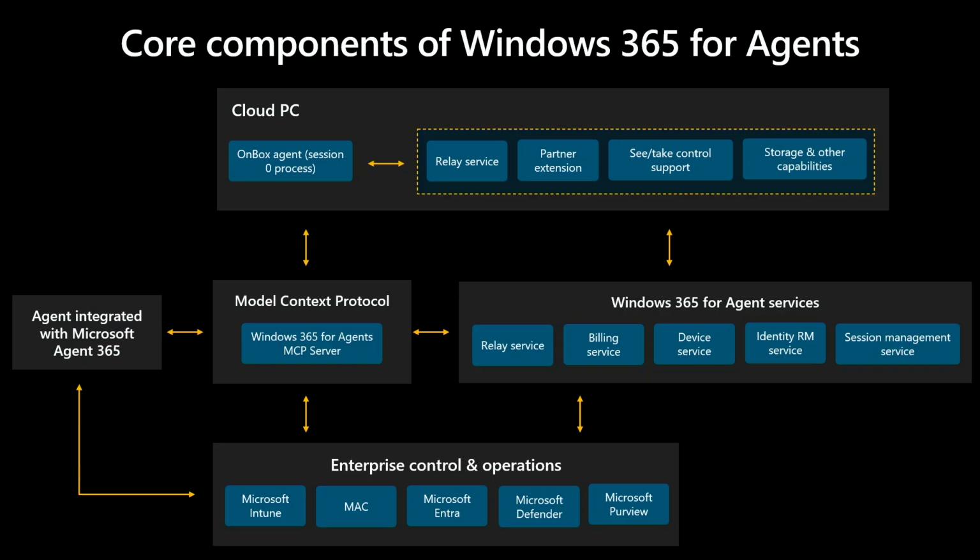The MCP tool is managed within the Agent 365 portal, and all of the observability and governance for your Windows 365-enabled agents surface the same way that they do for any Agent 365-enabled agent. This makes it easy for your AI admins to configure Windows 365 for Agents alongside all the other agents in your enterprise tenant.